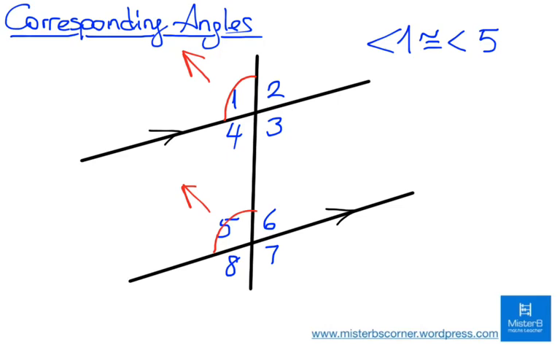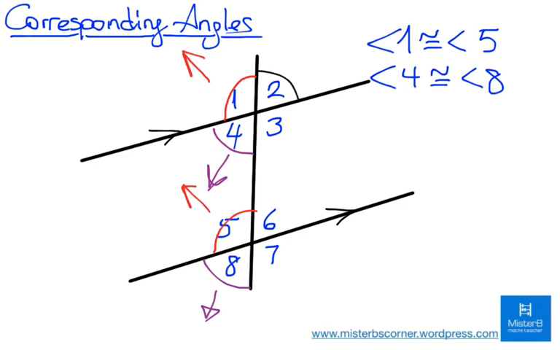Similarly, angle 4 looks at the same direction as angle 8, if you notice. So you can say angle 4 is congruent to angle 8. And this applies to the other two pairs. Angle 2 is congruent to angle 6, and angle, say, 7 is congruent to angle 3, because these look at the same direction.